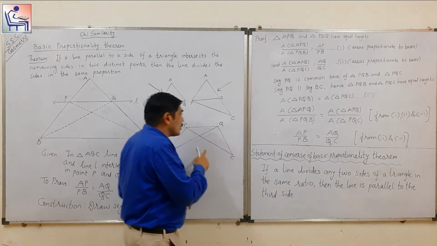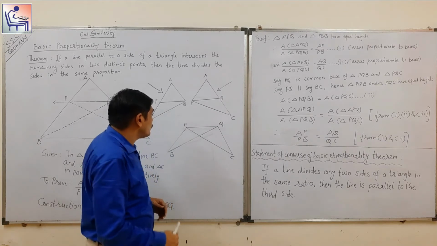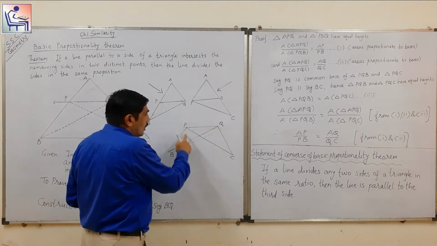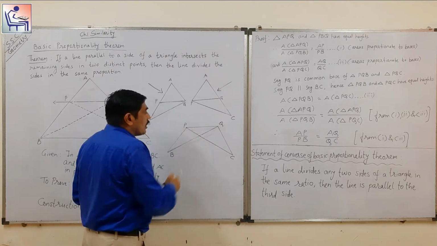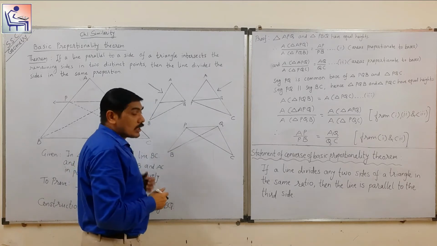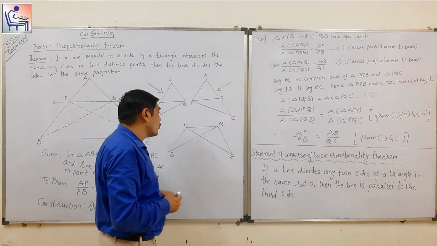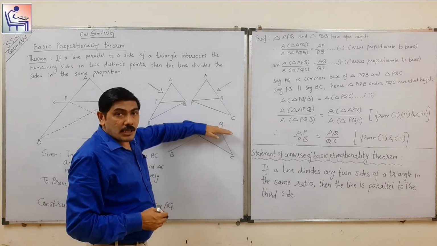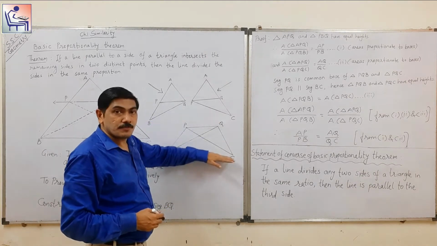That's what I have shown here in the third part. थर्ड पार्ट में आप देख रहे हो ट्रायंगल PQB एंड ट्रायंगल PQC. इन दोनों ट्रायंगल्स का बेस होगा PQ और इनकी हाइट इक्वल होगी. Why is it equal? Because they lie between PQ and BC.